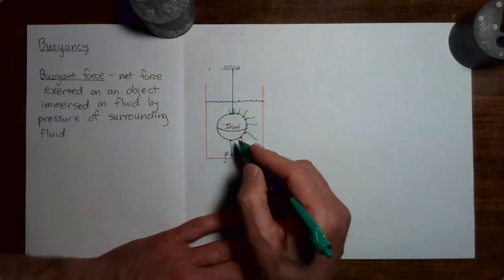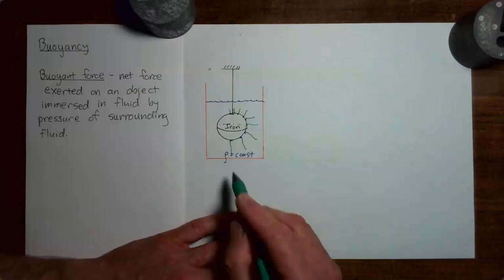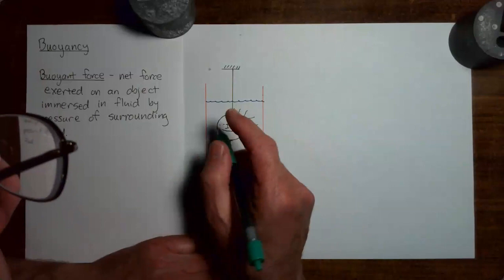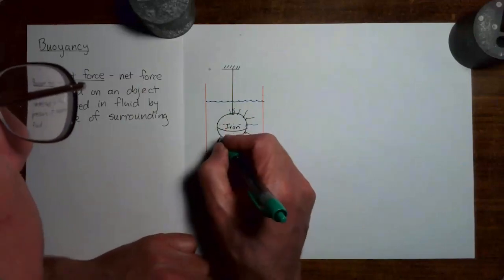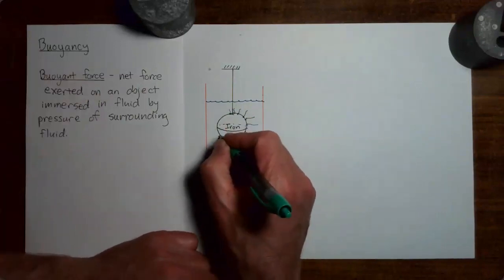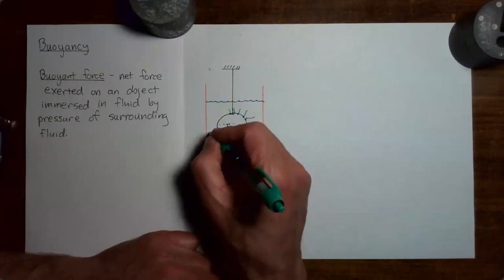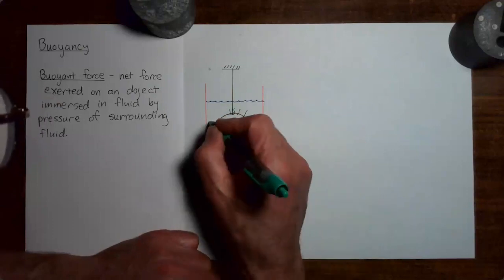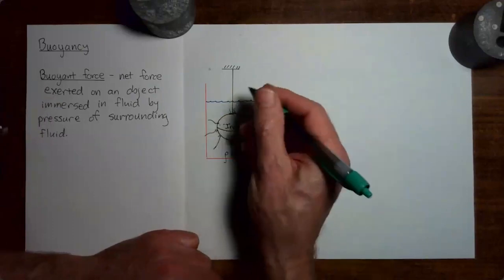And now I have the strongest pressure pushing up on the bottom. Now I'm going to go up the other side. And as I go up the other side, the pressure is going to get weaker, and also change direction because the direction of the surface is changing.